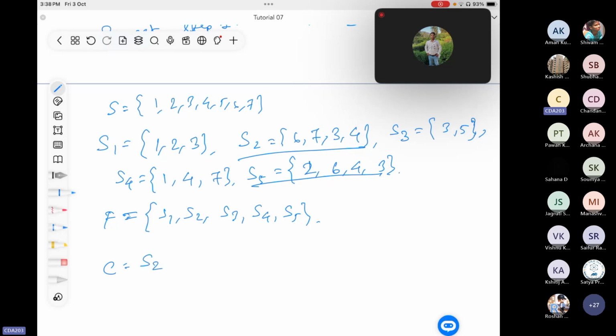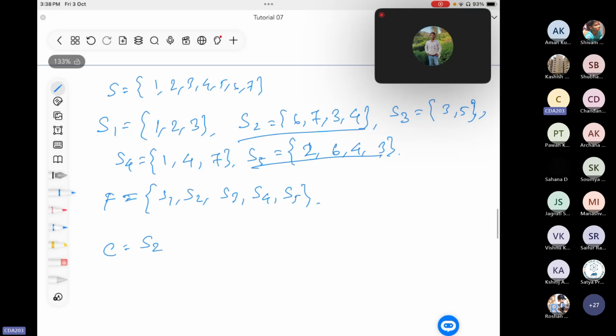S2 is already covered. So what are the elements? 6, 7, 3, 4. I update my S. Now my S is 1, 2, 5. So my S is this one.